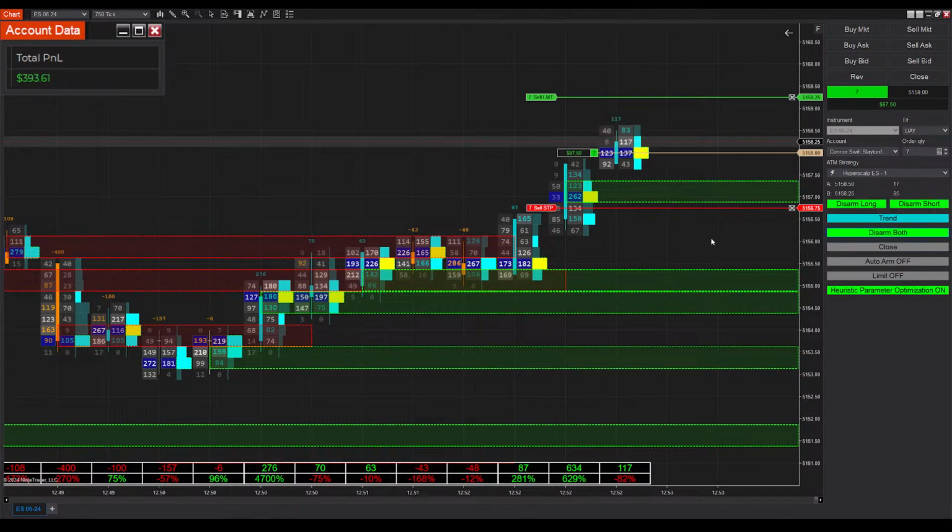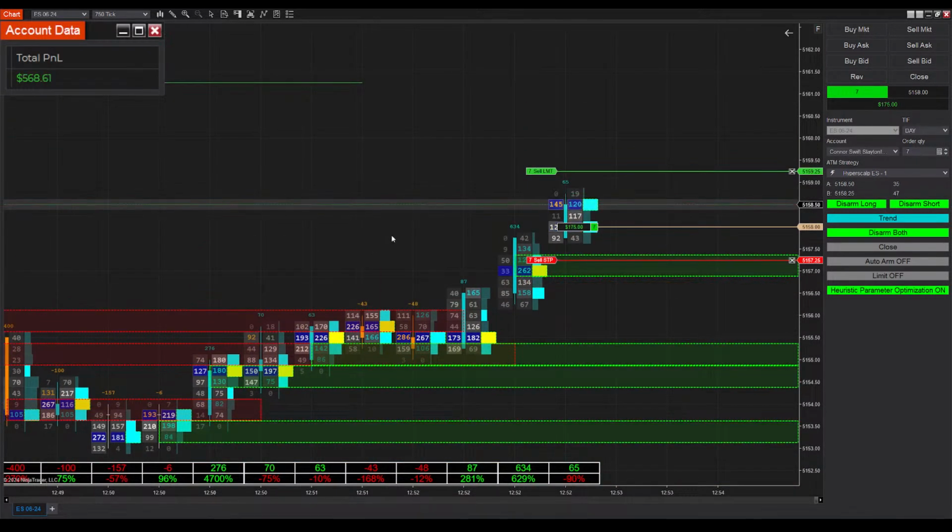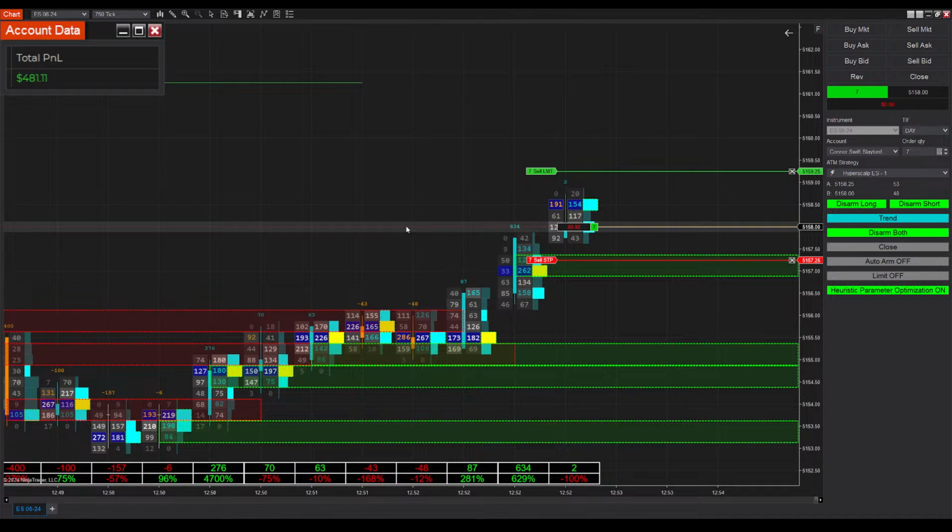There we go. There's our second trade of the day here. It's a long trade. Let's see if we can end up winning it.